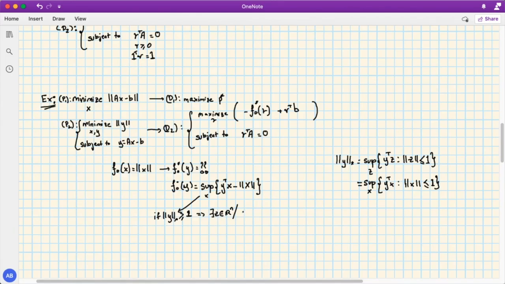So y transpose z is greater than 1, but z is within the unit ball. So the norm of z is less than 1. So the term that is the supremum is also greater than 1 under the unit ball constraint, right?